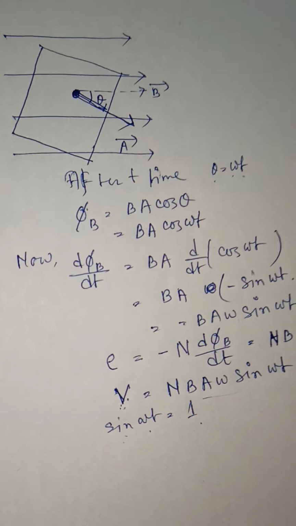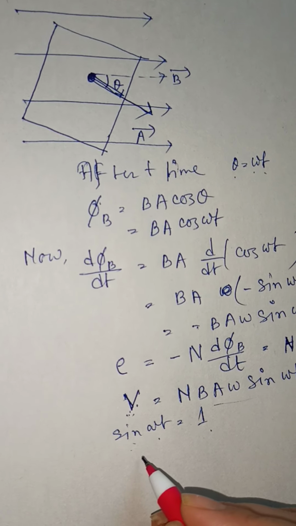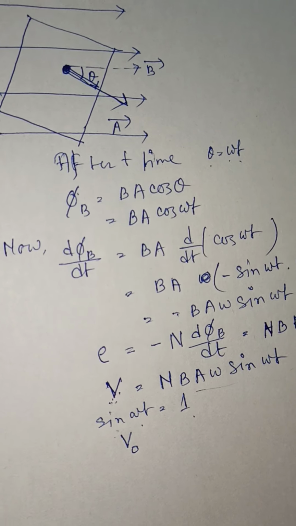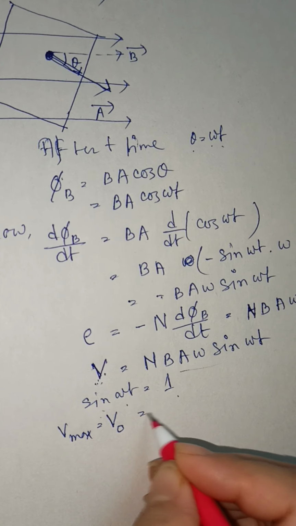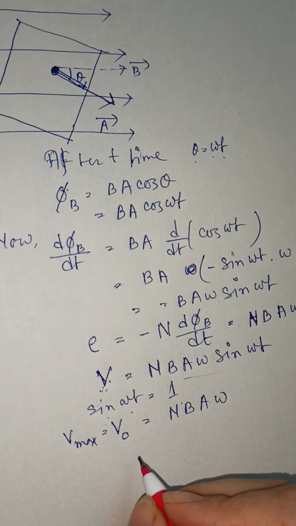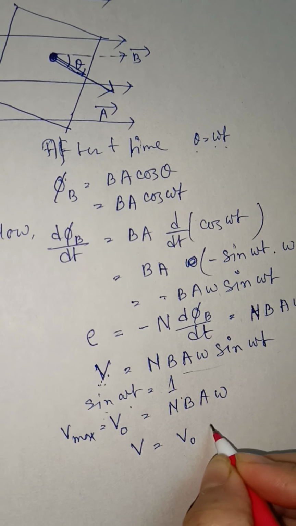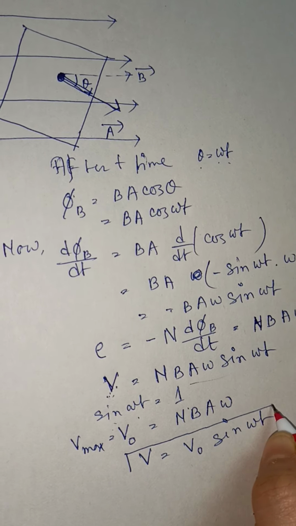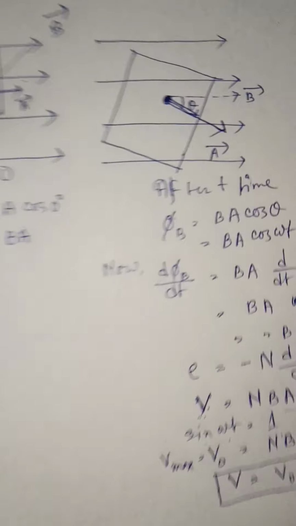That means if omega t or theta is 90 degree, then V is maximum. Here we assume that V max is V naught. V max equals V naught, which equals NBA omega. Now we can write V equals V naught sine omega t. So this is our alternating voltage which is induced inside this loop.